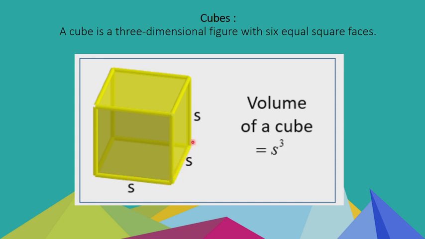Let us consider this as length, this one as breadth, and this one as height. The volume of the cube is the product of these three dimensions, that is equal to s cube. As we know, all the sides in the cube are equal, so s into s into s equals s cube.